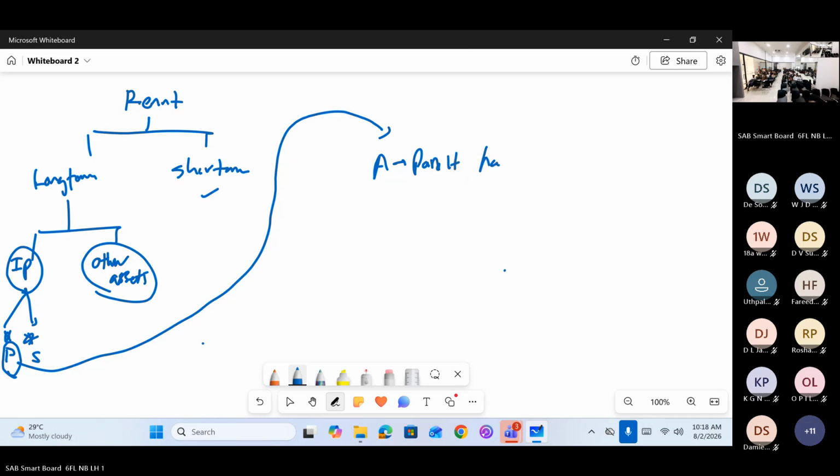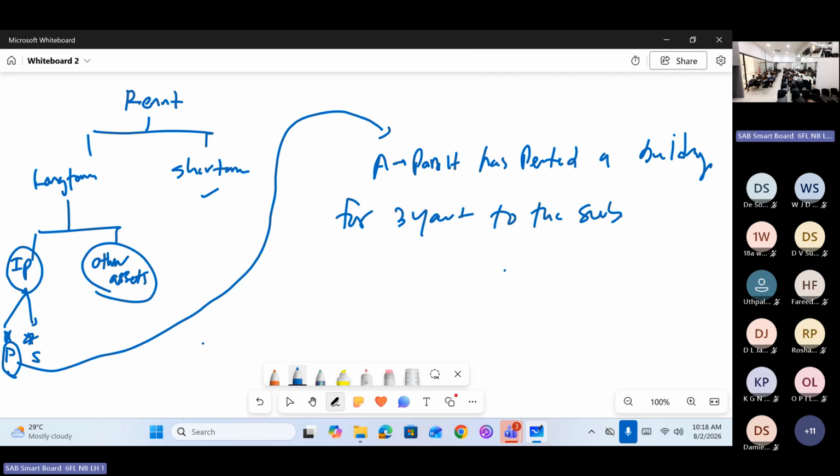Parent has rented a building for 3 years to the subsidiary. 3 years means long-term rent, right? Rent a building means it is the IP. Parent has given, right? So what are the implications here?